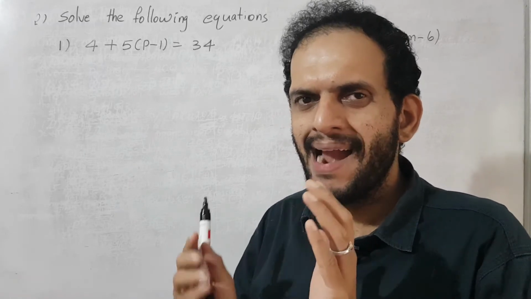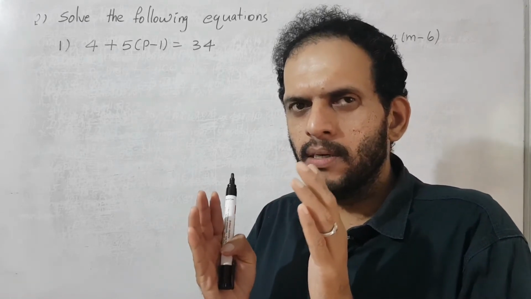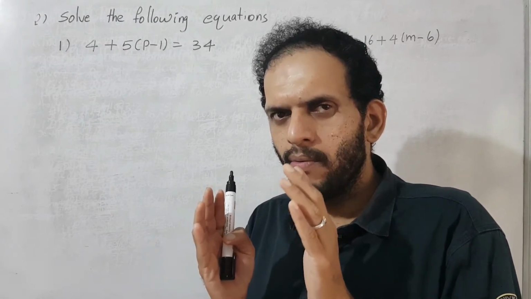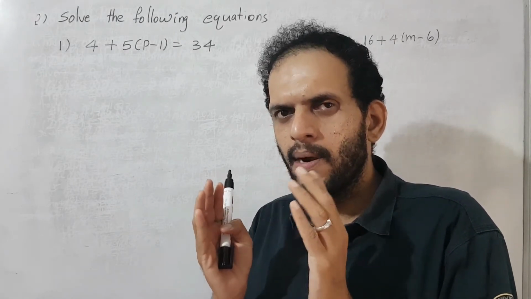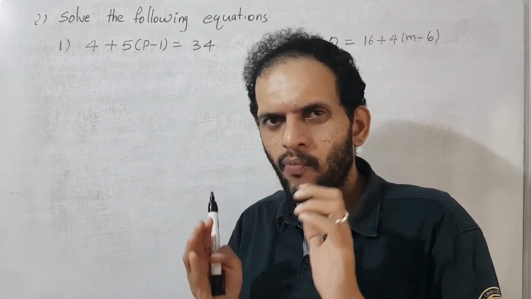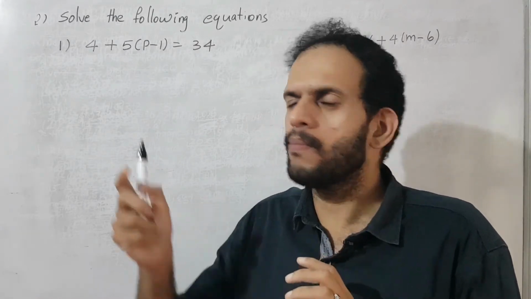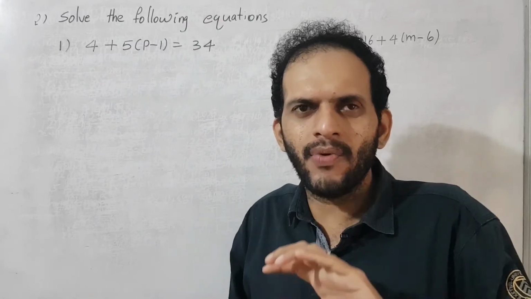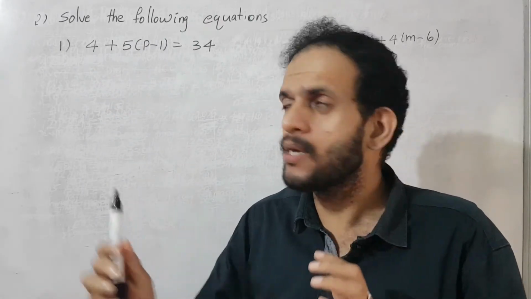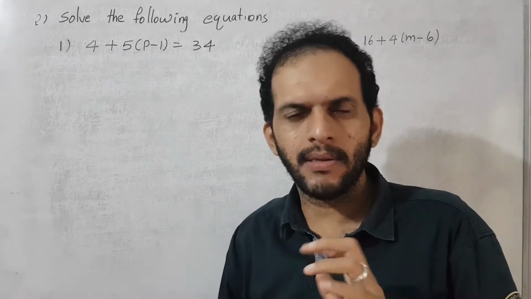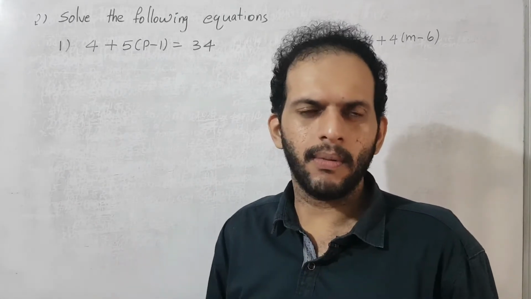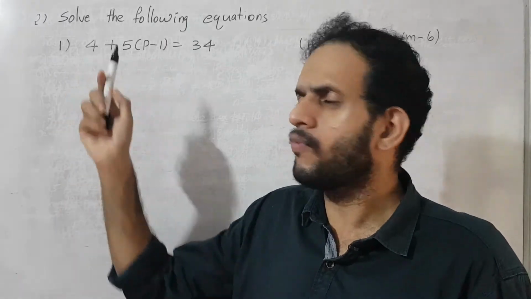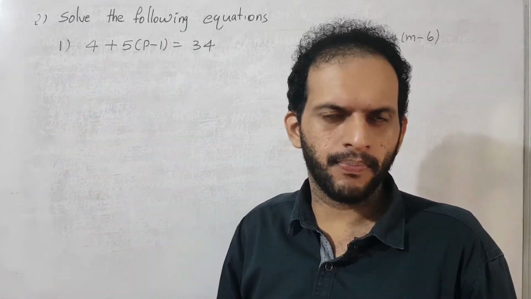Then here we have a term containing the variable and a term not containing the variable, and we multiply them together by a number, by 5, and we add that answer to a number 4. That means along with that multiplication we are adding an extra number.